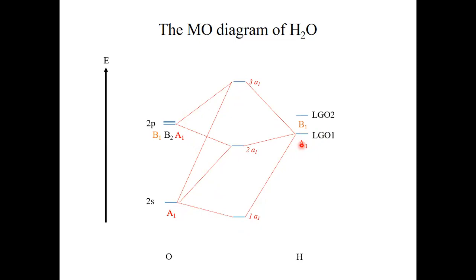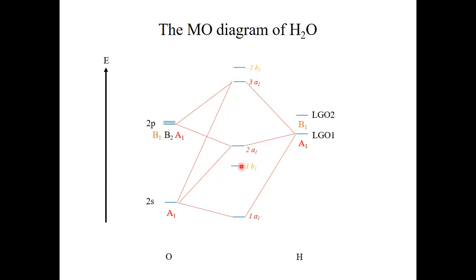So now the next step, let us consider the B1 symmetry type. And we know that we have two orbitals that we can combine to two molecular orbitals. And when we have two molecular orbitals, we know that one needs to be bonding and one needs to be antibonding. Okay.